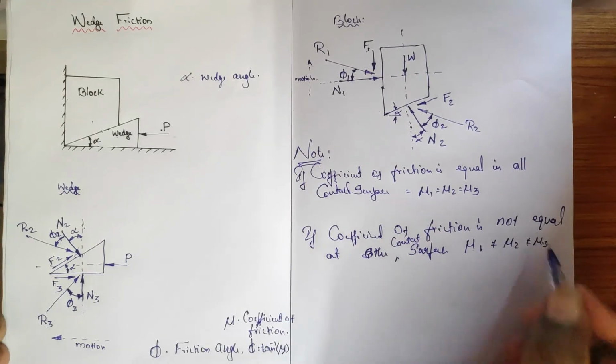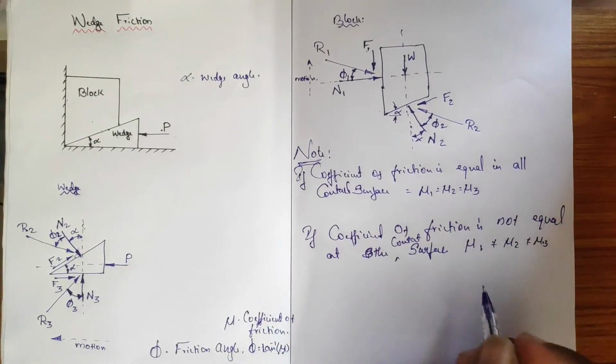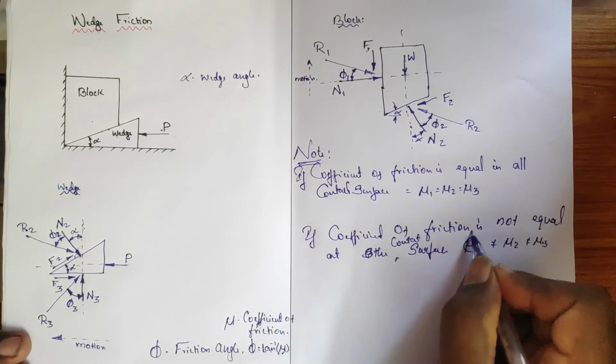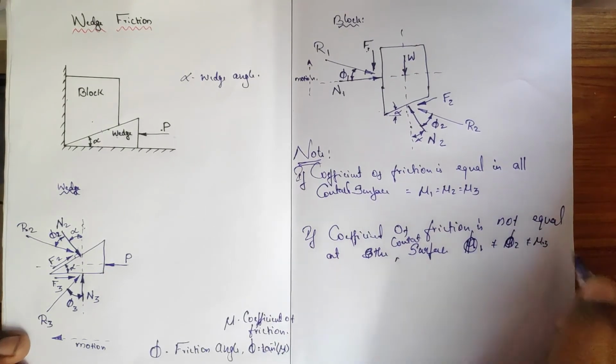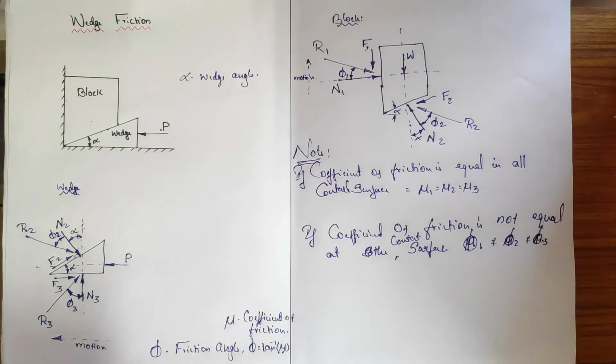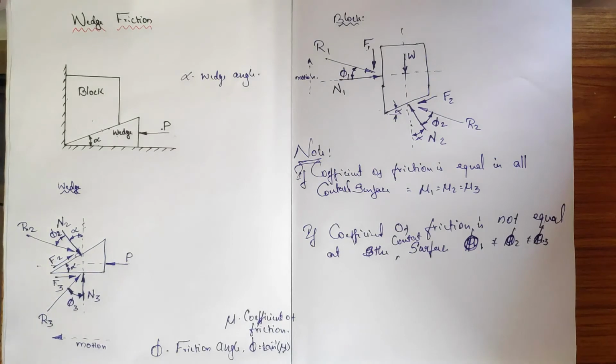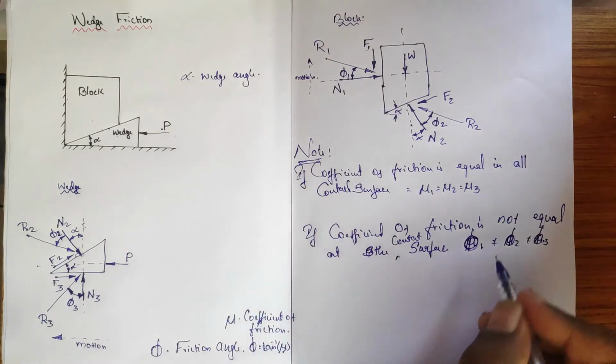We have to find the answer for each and every one. It will give phi 1 a different one, and phi 2 a different one, and phi 3 a different one, since mu1, mu2, mu3 are not equal. Okay, fine.